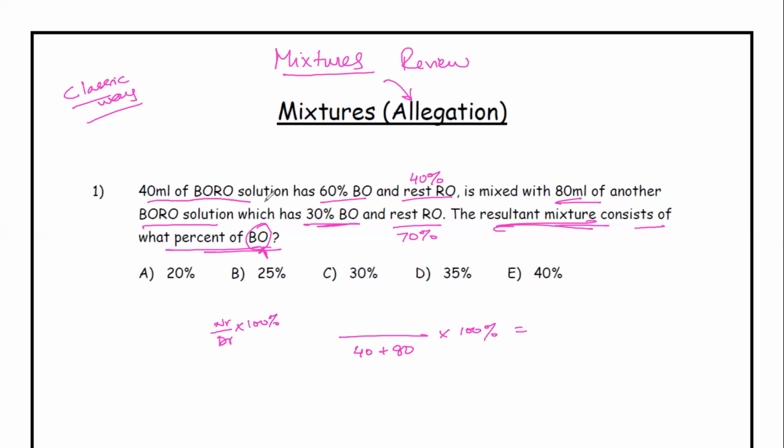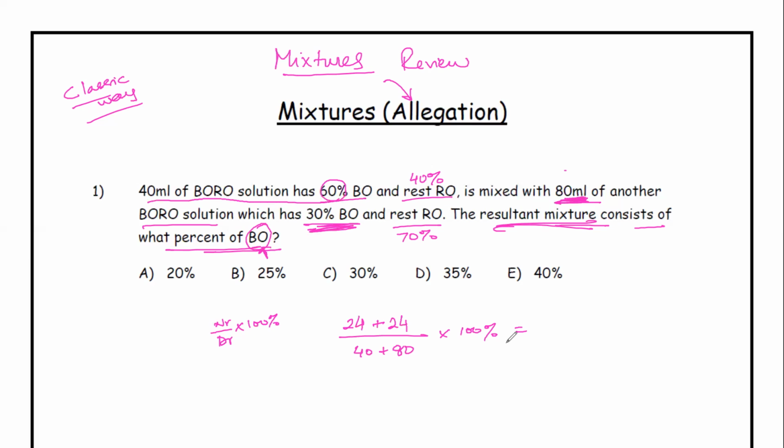40 ml of Boro solution has 60% Bo. 60% of 40 is 24 ml. 10% of 40 is 4, so 60% will be 6 times 4, 24. The other 80 ml of Boro solution has 30% Bo. 10% is 8, so 30% will be 3 times 8, 24.